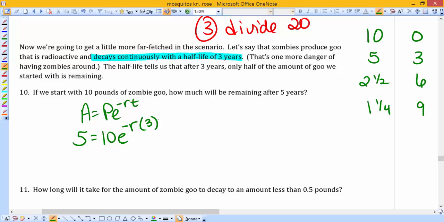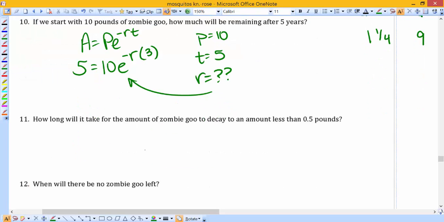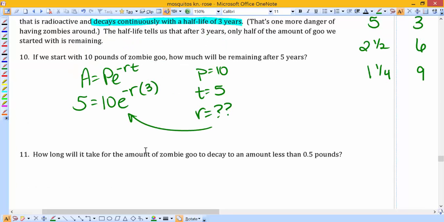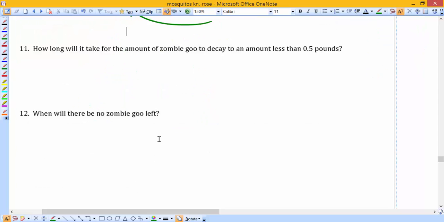Once you find r, you're going to plug in P is 10, your time would be 5. You have to find r first. Then once you have r, you can answer 11 and then you can answer 12. So try it if you want, but I will be going over this with you in class.